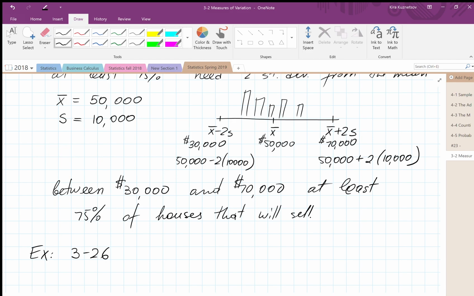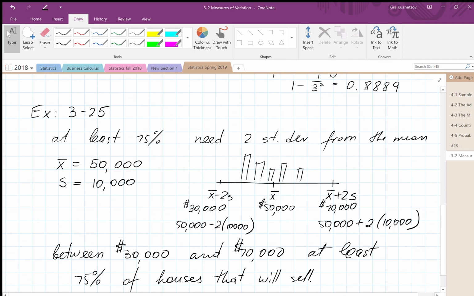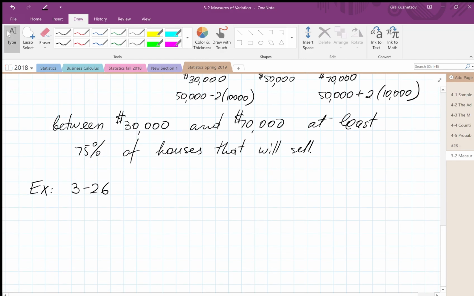Using Chebyshev's theorem, find the minimum percentage of the data values that will fall between $0.20, so 20 cents, and $0.30, so 30 cents. So this is the opposite question of the previous. In the previous question, they gave us the number of standard deviations and asked for a proportion. Here, they give us the numbers and ask for that proportion.